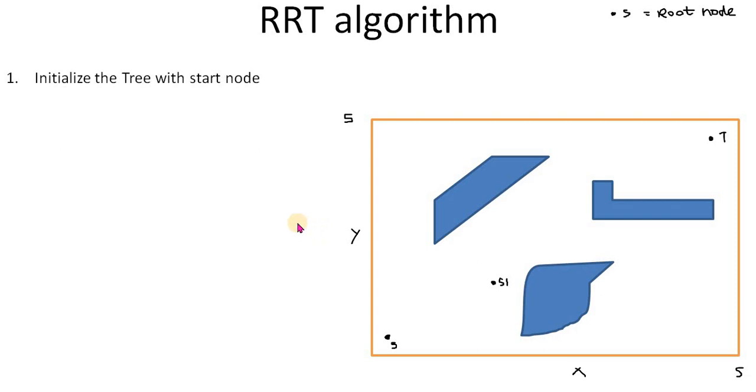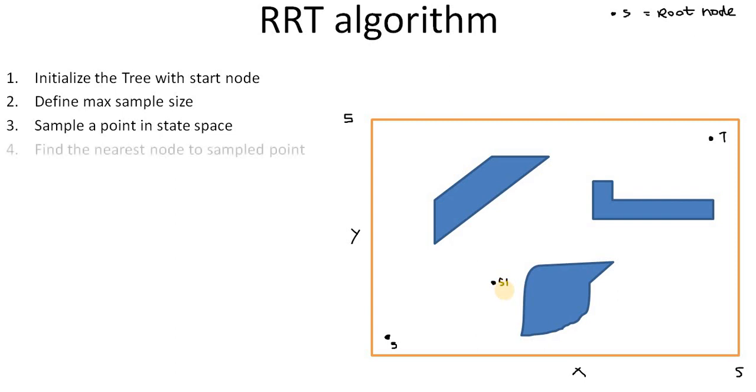Okay, so once again, we have initialized the tree with the start node. We say our tree has a start node, then we define the maximum sample size, and then we sample a point S1 in the state space. Then we find the nearest node to the sample point.